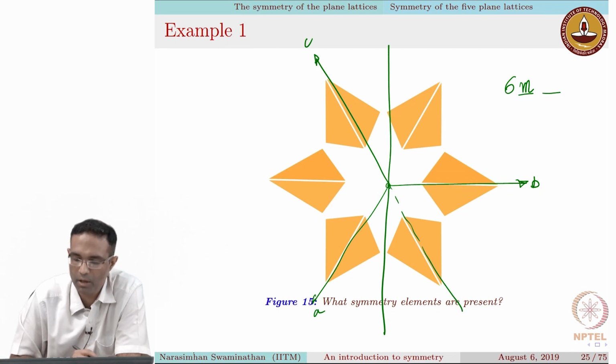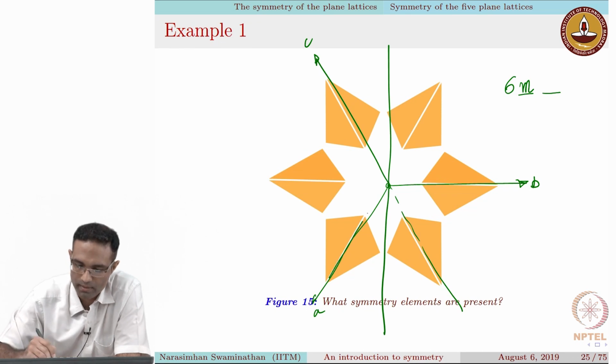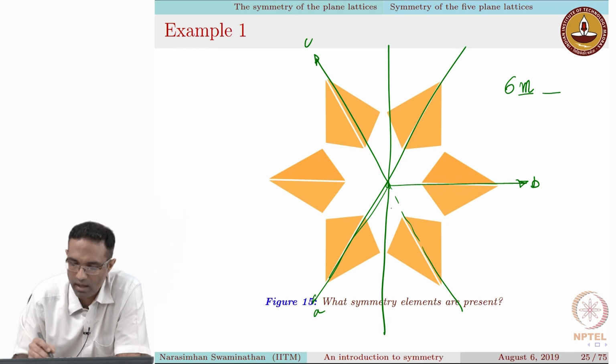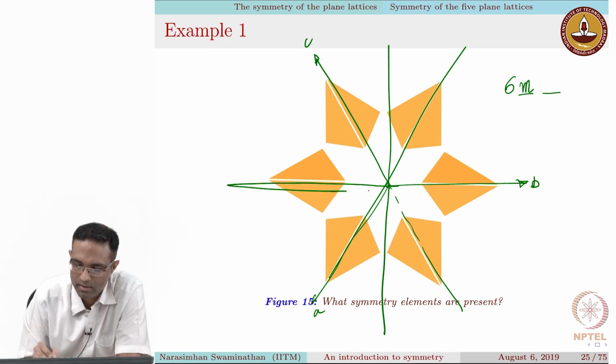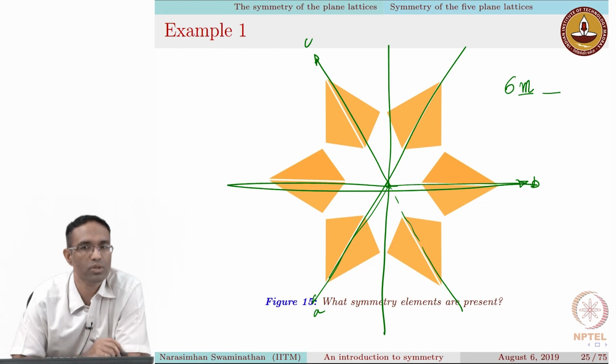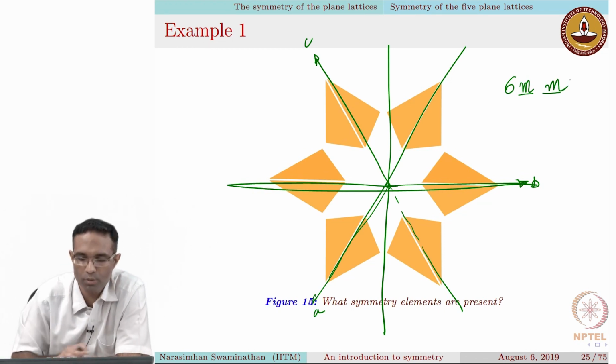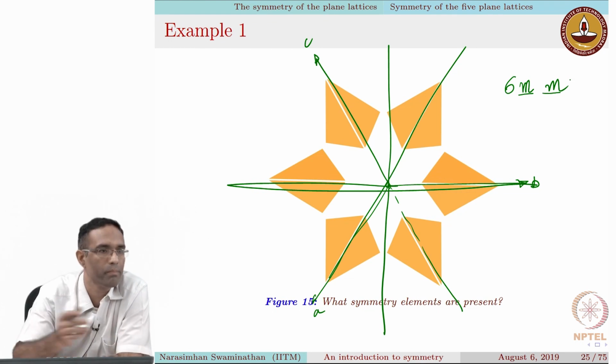This one, is that a mirror plane? Yes. Is this a mirror plane? Yes, right? So, there are mirror planes here as well. So, the point group of this entire pattern is 6 mm.